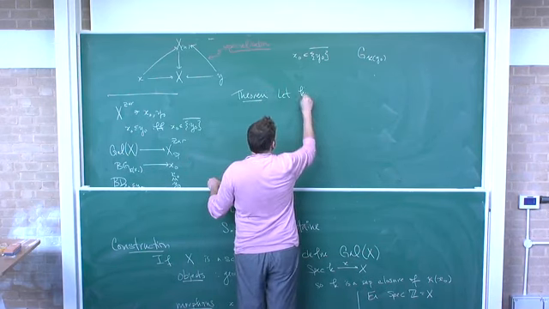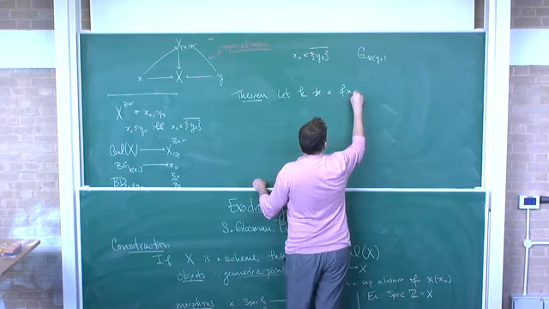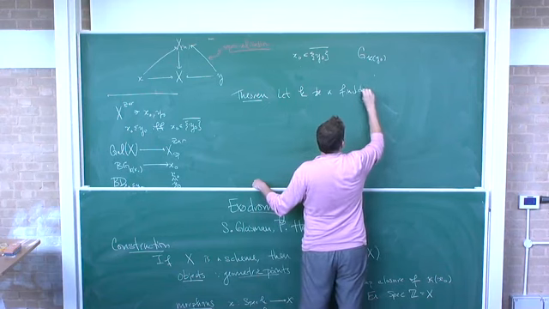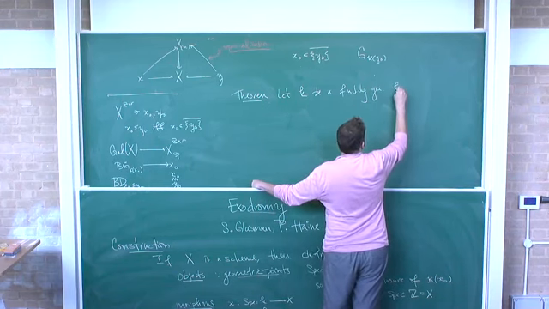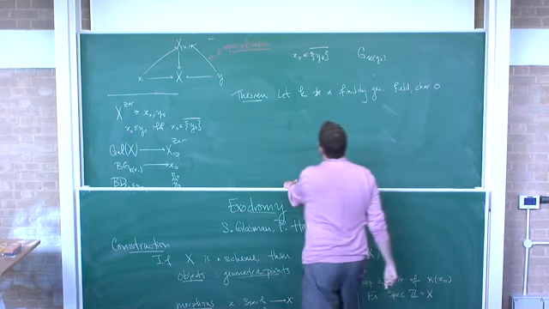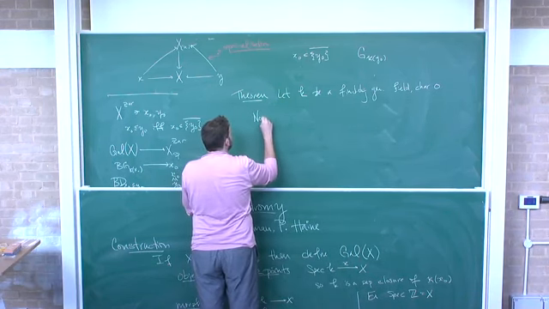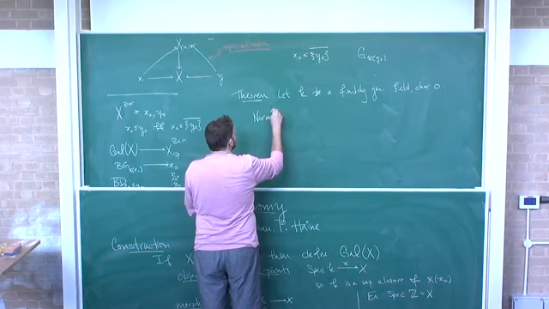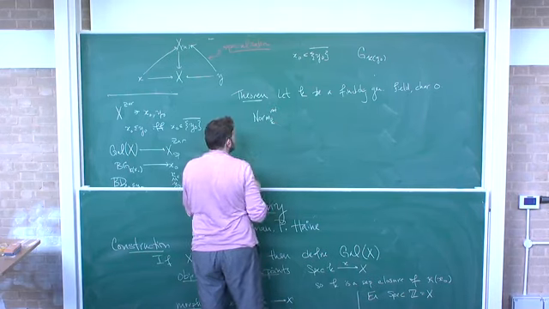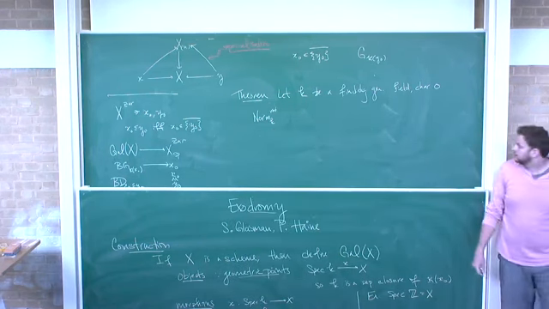We'll let K be a finitely generated field of characteristic 0. And I'm going to look at the following category. I'm going to look at reduced normal schemes of finite type over K. What's a finitely generated field?